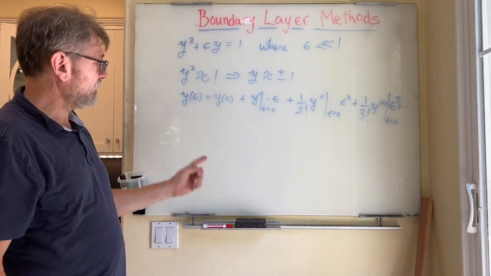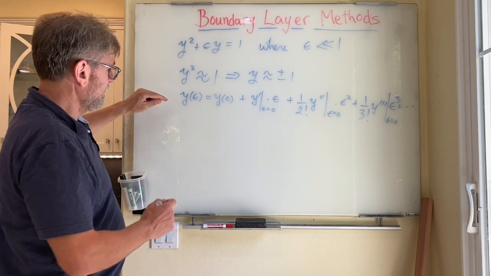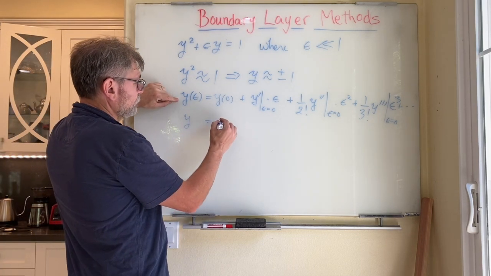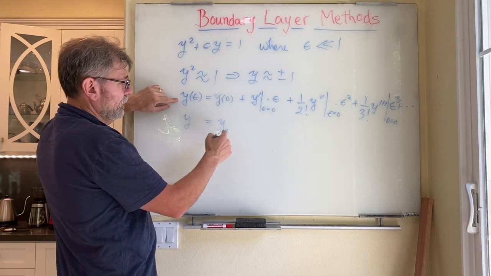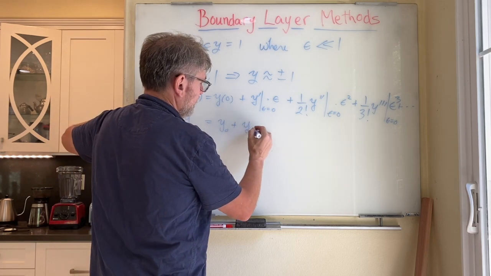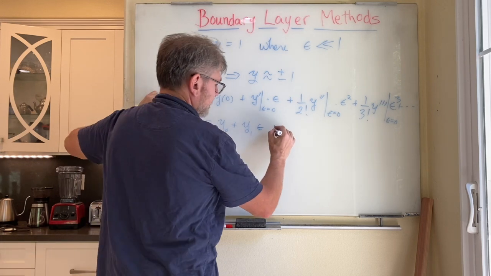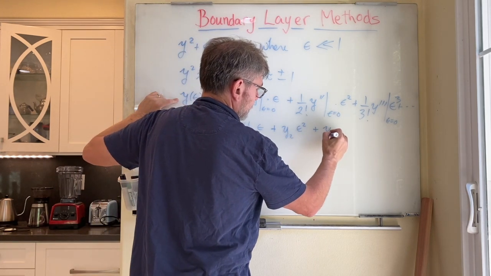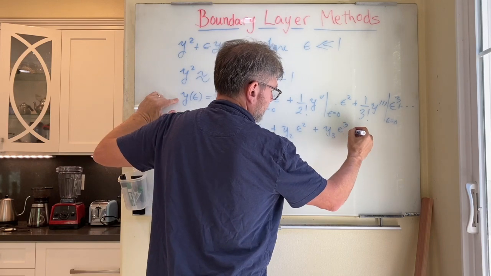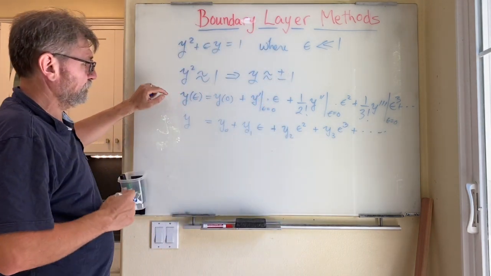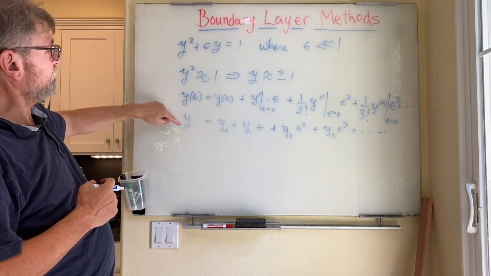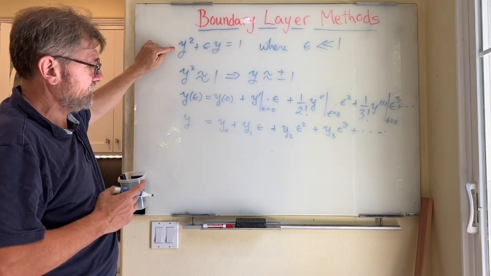And so maybe instead of trying the general Taylor series, maybe we could look for a solution of this form. y is equal to some constant y naught, plus some other constant y1 times epsilon, plus y2 times epsilon squared, plus y3 times epsilon cubed, plus, and so on. And then we could imagine substituting this in the equation to see if we can make any progress.